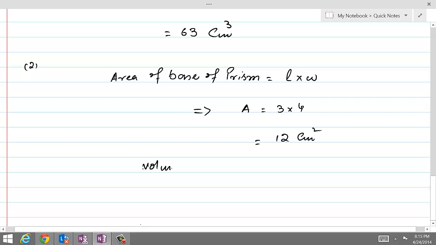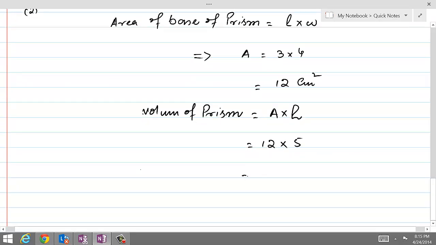Volume of prism is equal to area times height, where A is the area of the base, and if we multiply this by 5, which is the height of the prism, this will give us the volume of the prism, equal to 60 cubic centimeters, because this is volume again.